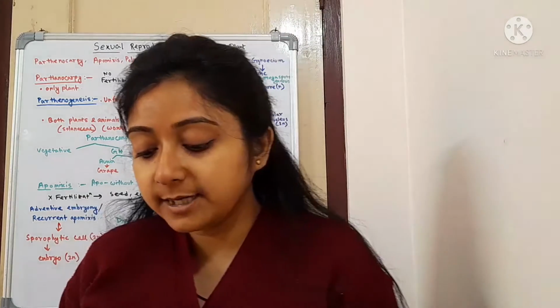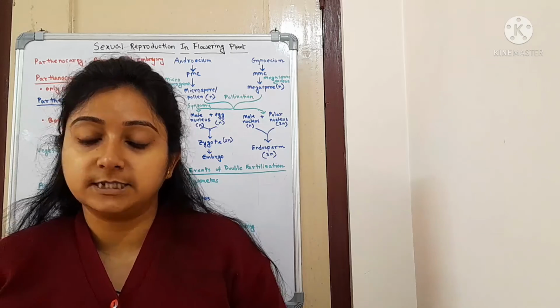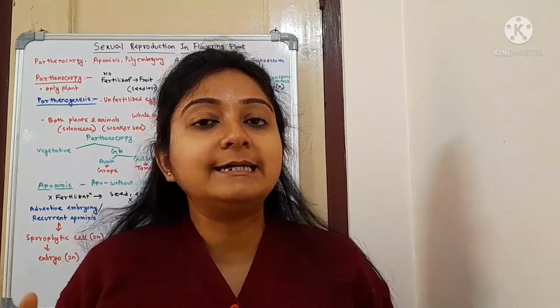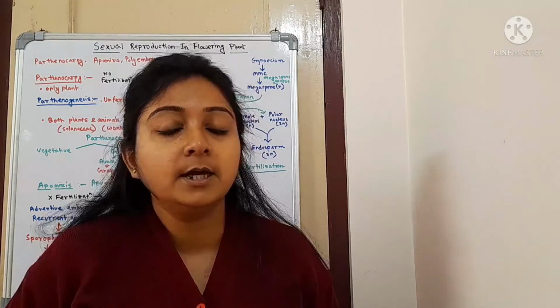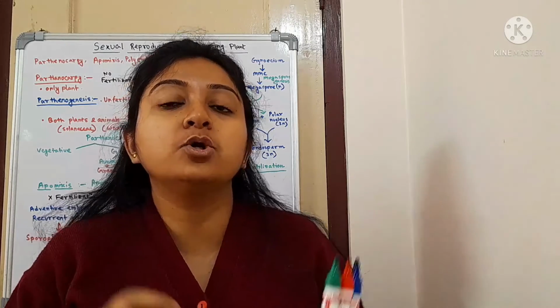Now what is the importance of these two events? In hybrid seed production in agriculture, it is very important to form hybrid seed to increase the yield of the crop variety, as well as to get much better characteristics from the crop.